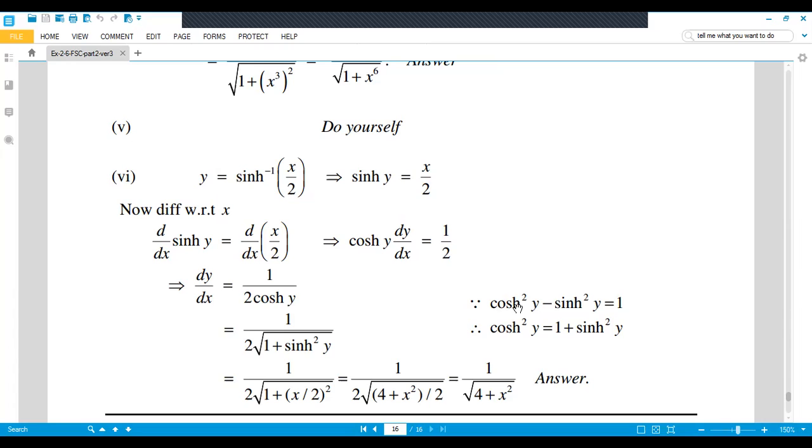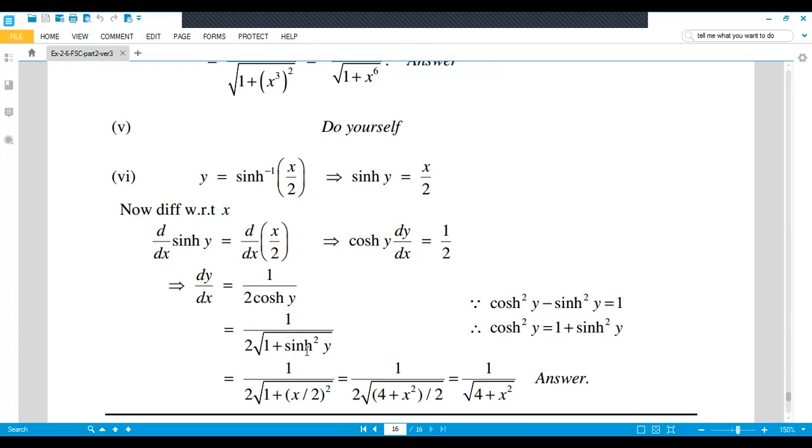Again this identity is used, cosh square y minus sinh square y is equal to 1. So sinh square y when shifted to the other side, cosh square y is equal to this. So you put this value here, because it is simply given, so take the square root on both sides, so you will get this value.